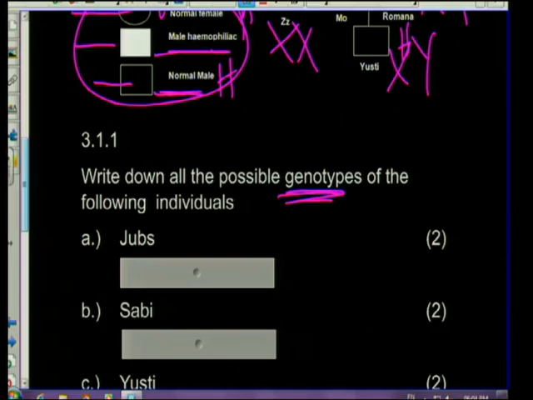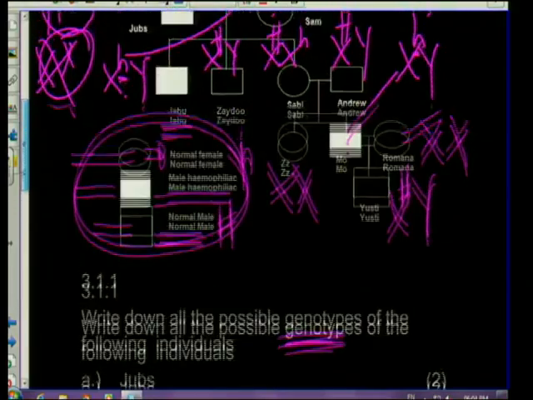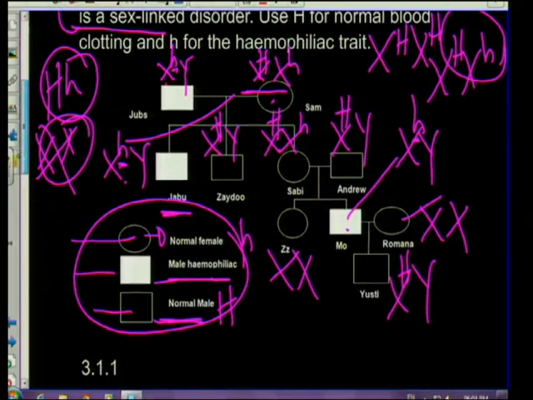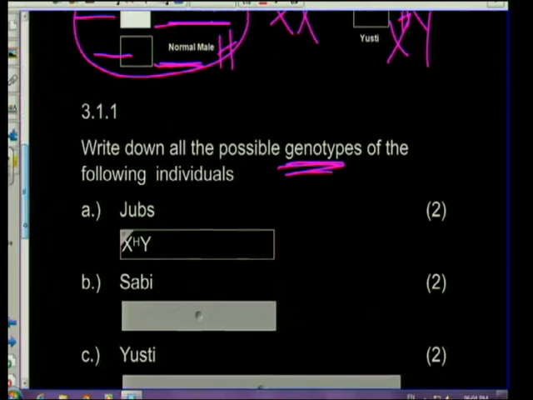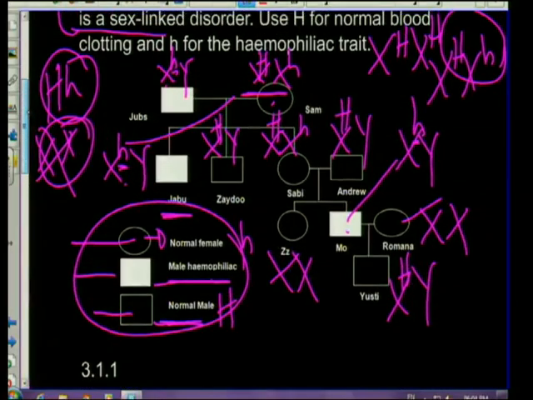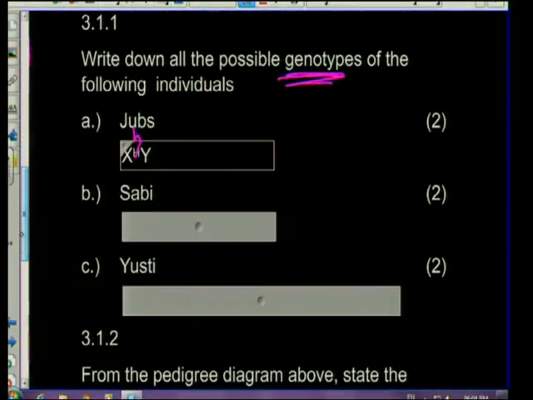Write down all the possible genotypes of the following individuals. Jubes, we've worked out already: capital H, small h. No, that should be X^h Y, sorry. Jubes is hemophiliac, and hemophilia is caused by the recessive allele. The next one is Sabi. She has to be heterozygous. We've shown that earlier.